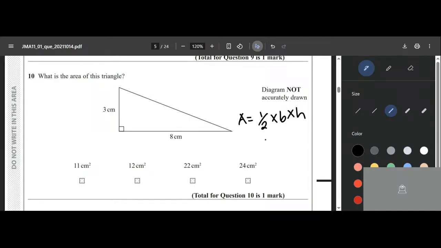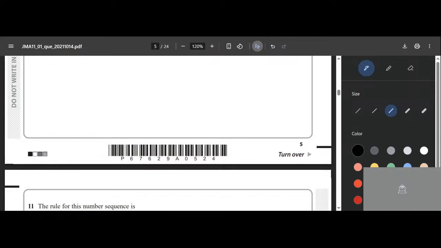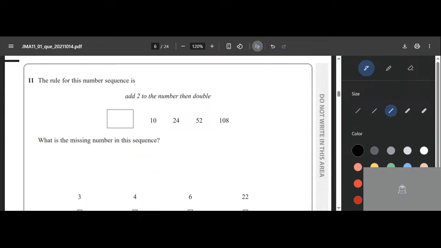And for this case, it is a half times the base, which is 8, and times the height, which is 3. So 2 can divide 8 4 times. Then 4 times 3, this is 12. Therefore, my answer is 12 centimeter squared. Then now we proceed to question 11.